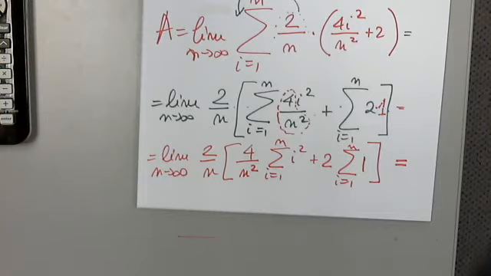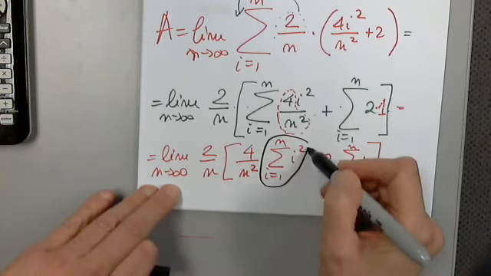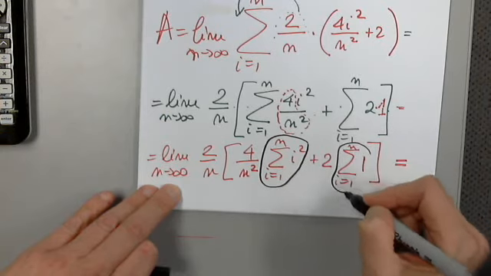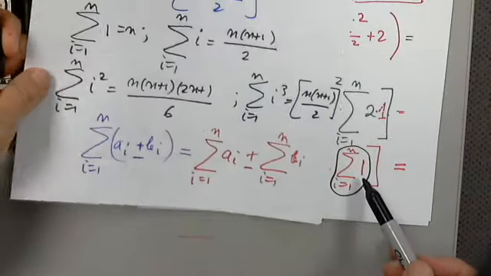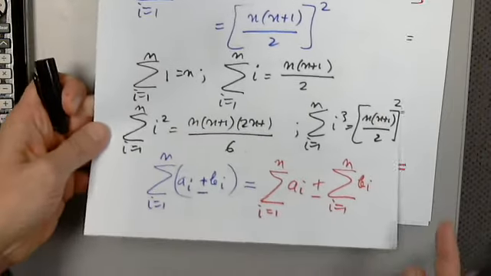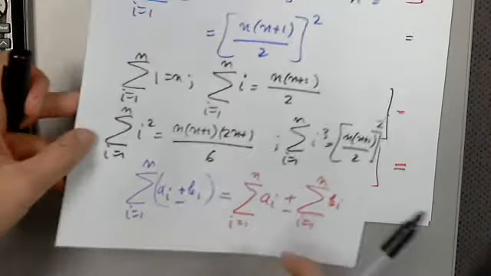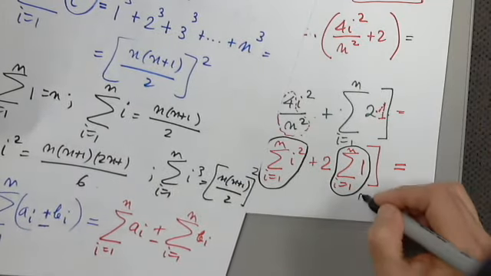At this point in time, this piece as well as this piece will be replaced, and we have the formulas. What do I replace this by? This one. Yeah. Very good.